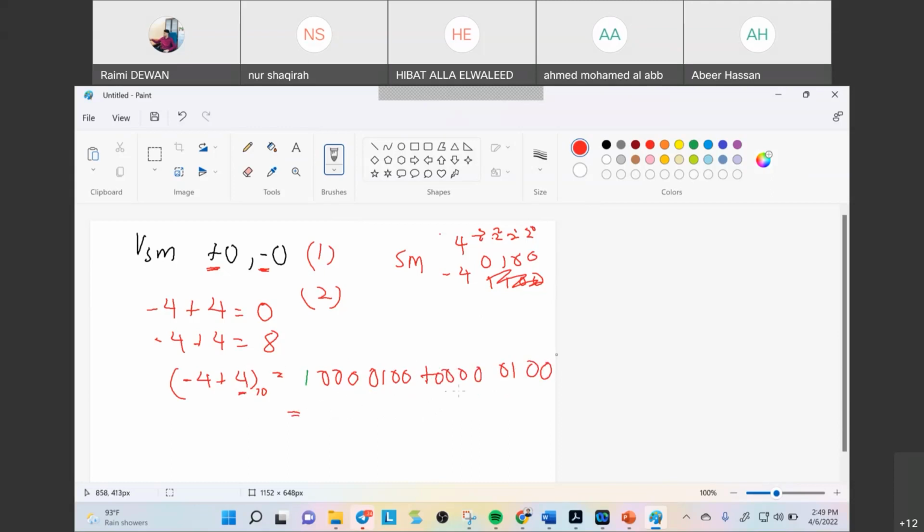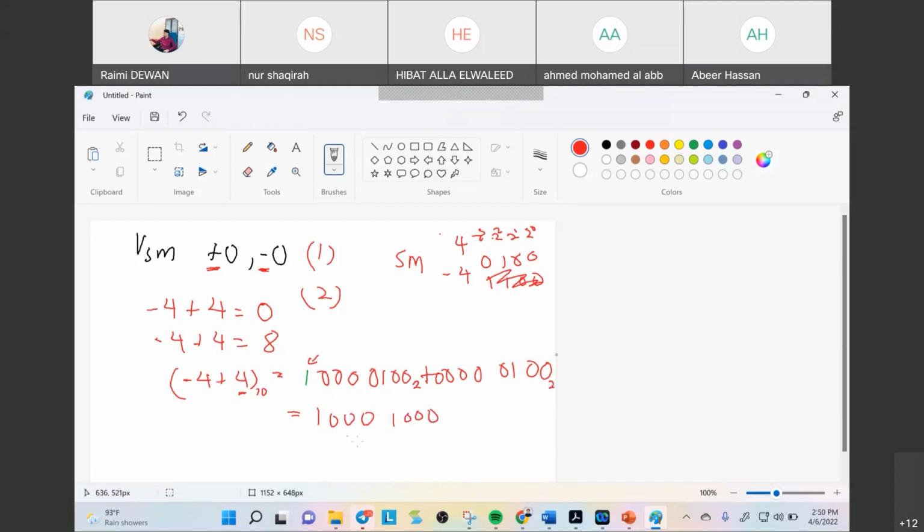Can you guys tell me what the answer is in 8-bit? It is not zero. It is 1 0 0 0 1 0 0 0.